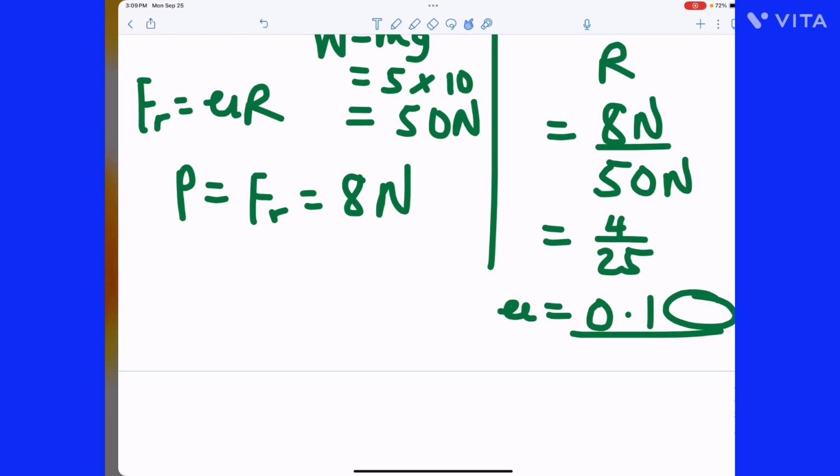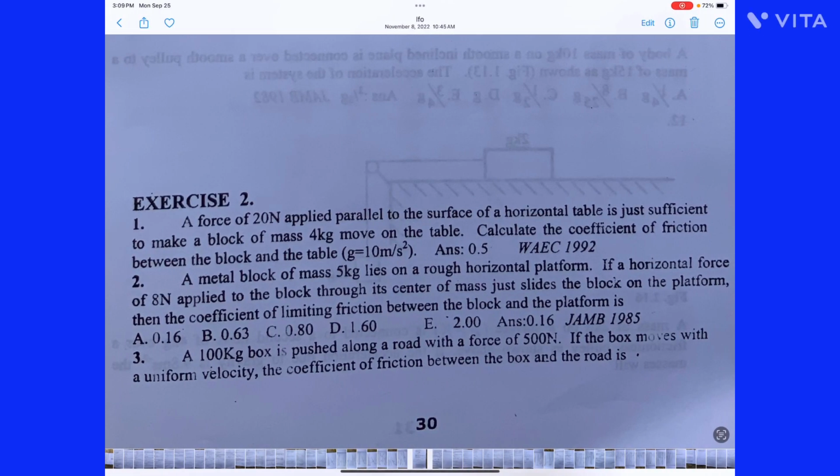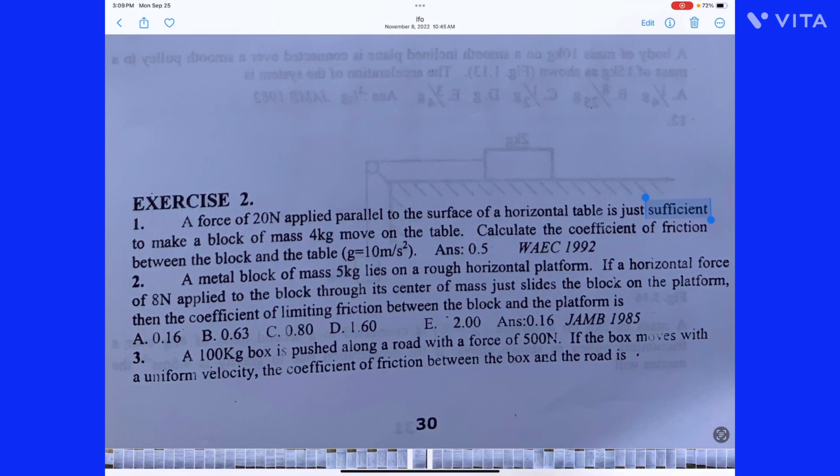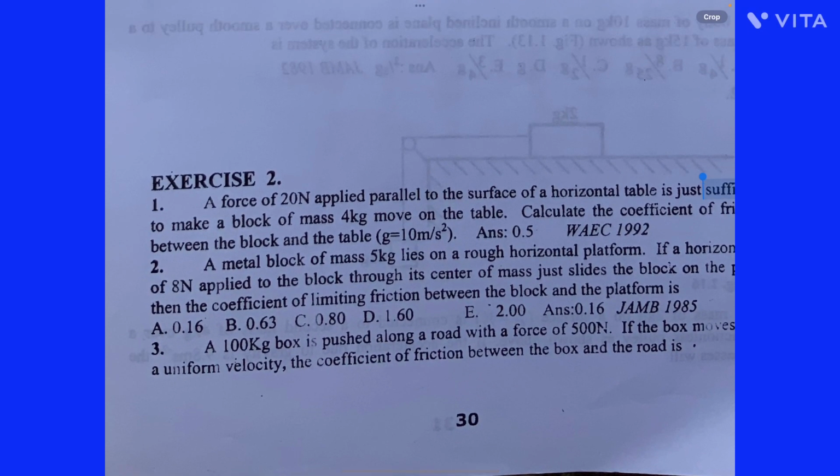Use your calculator to get the answer yourself. The answer is 0.16, which is 4 over 25.